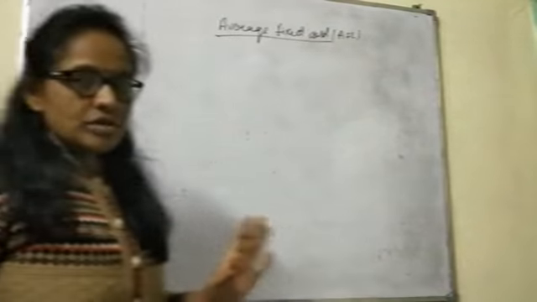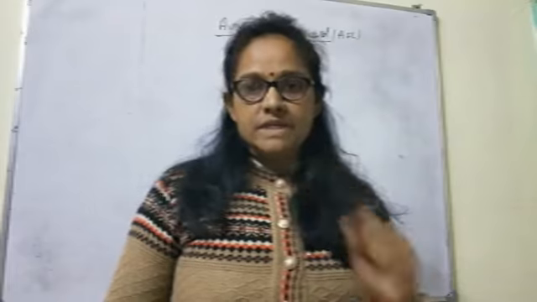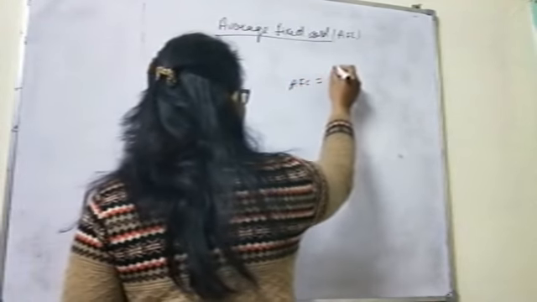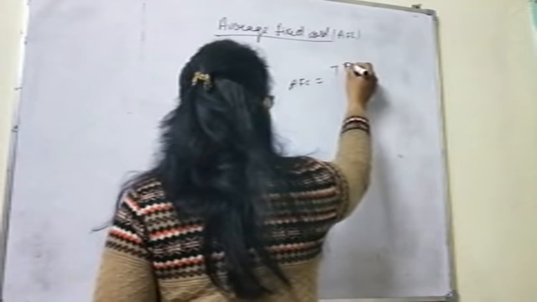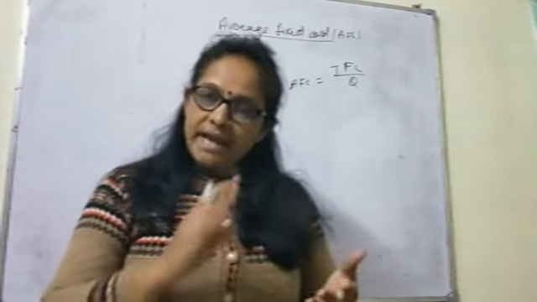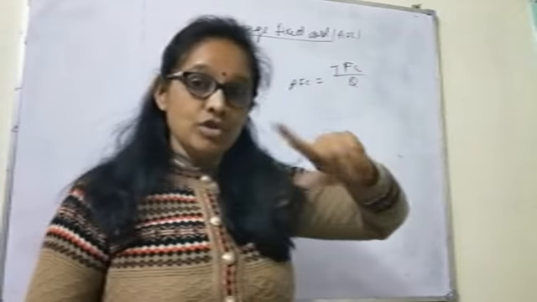Now see, we have to draw the schedule of AFC. To draw the schedule of AFC, I have just now given you the formula of AFC. AFC is equal to TFC upon Q. So in the schedule, to get AFC you will need the value of TFC. Now you remember what value of TFC we have taken.